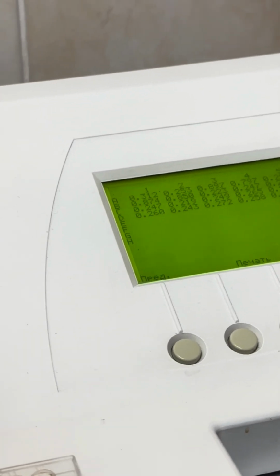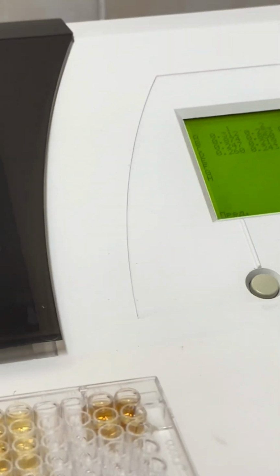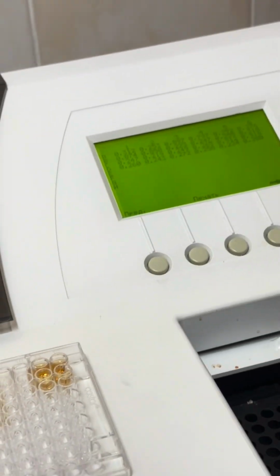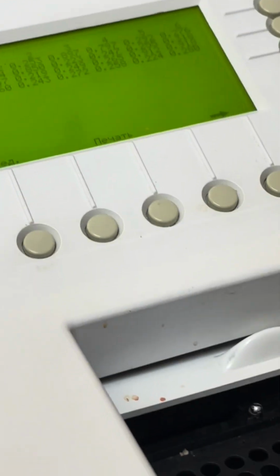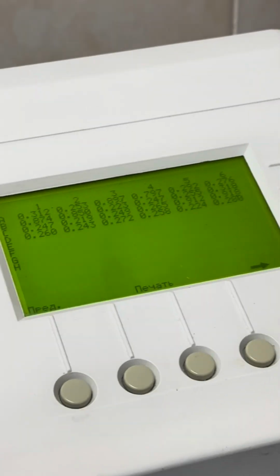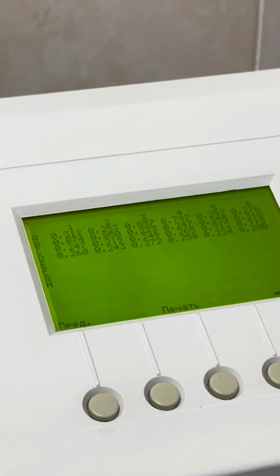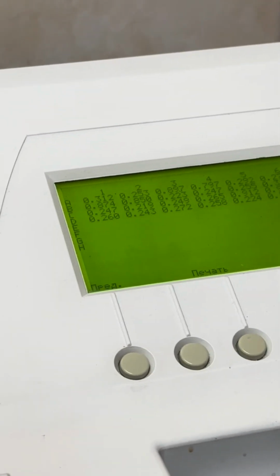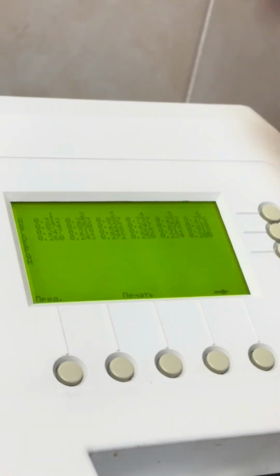B1, 0.874, B2, 0.850. And finally, D5, 0.912, and the last one, 0.918. All the rest is in the range of 0.3, 0.2. In reality it's negative. Okay, go to class and rewrite these results.